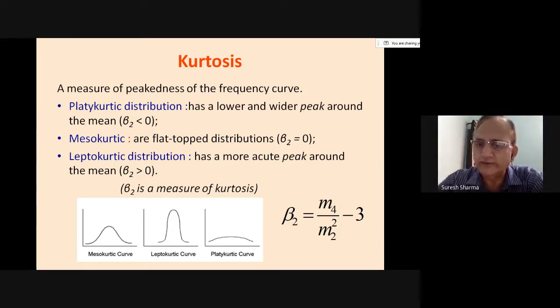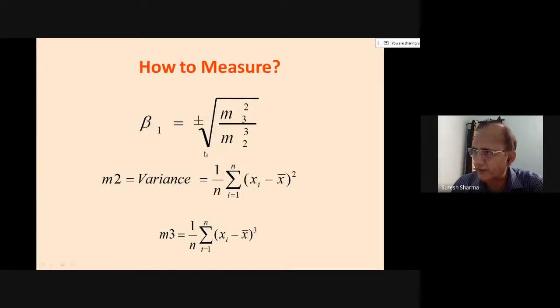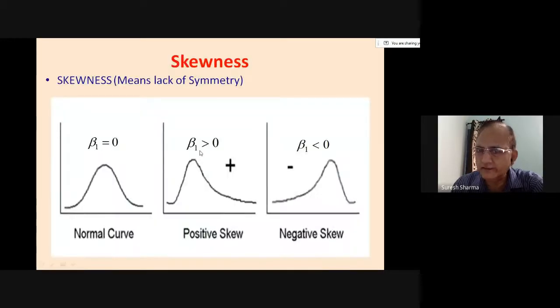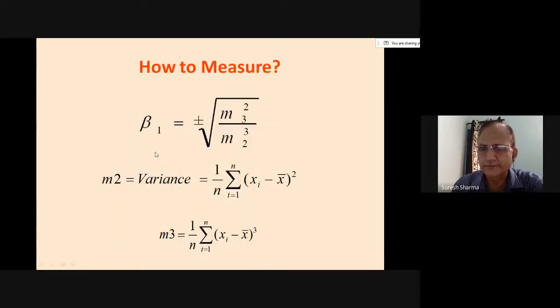If beta 2 is less than 0, platykurtic. Greater than 0, leptokurtic. Equal to 0, mesokurtic, which is also called normal. Similarly, we compute beta 1. If beta 1 is greater than 0, positively skewed. Less than 0, negatively skewed. Equal to 0, no skewness.